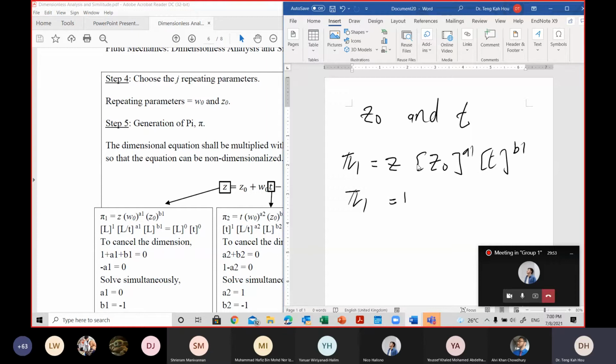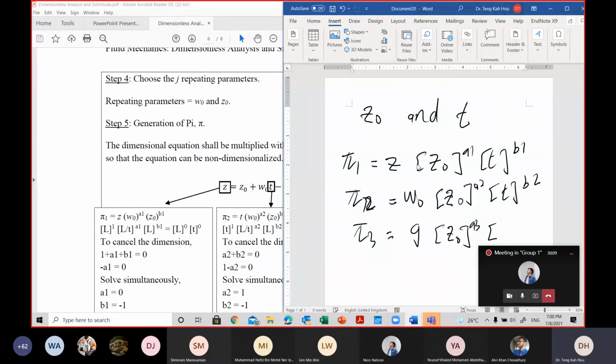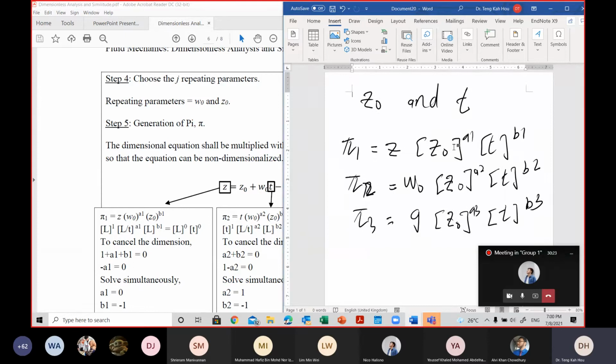You have a Z0, and the last one is G, right? So what will be the difference over here? All these summations will be different. That's why you would expect 1 plus A1 plus B1 equal to 0 is not going to happen in the same way, because you've got a different power, am I right? Do you get what I mean?